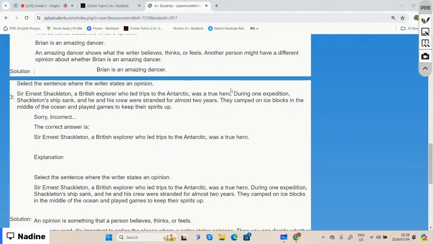So we now need to select the sentence where the writer states an opinion. So once again, we say that Sir Ernest Shackleton, a British explorer who led trips to the Antarctic, was a true hero. During one expedition, Shackleton's ship sank and he and his crew were stranded for almost 2 years. They camped on ice blocks in the middle of the ocean and played games to keep their spirits up.